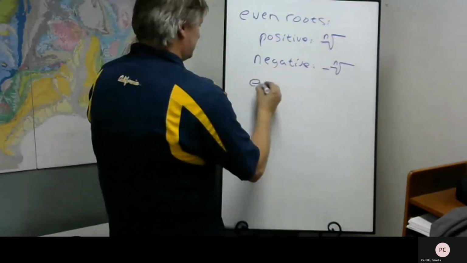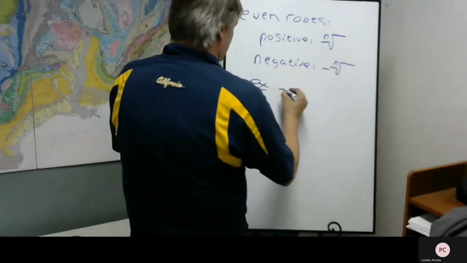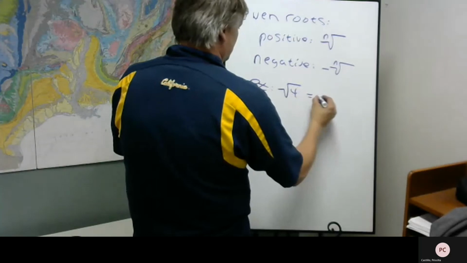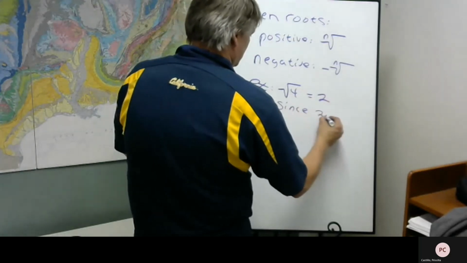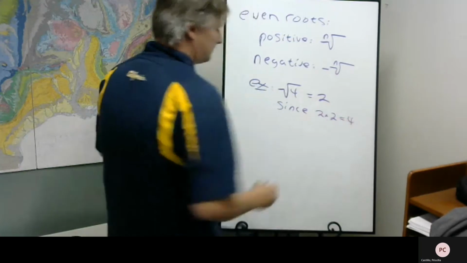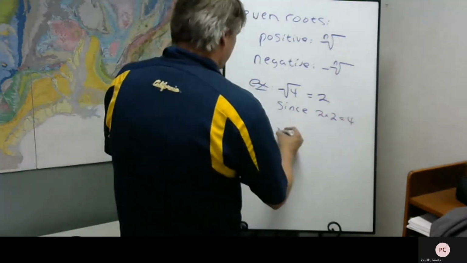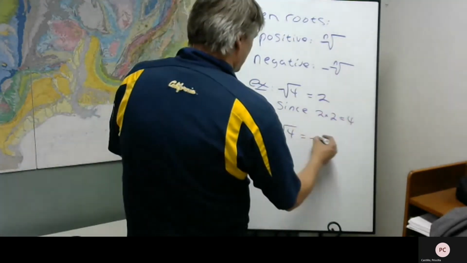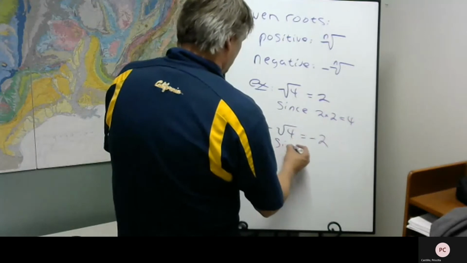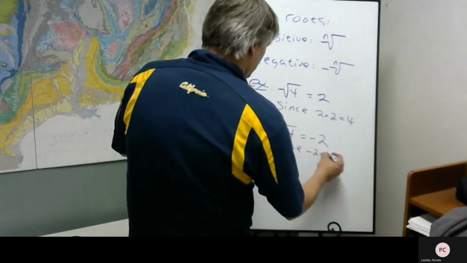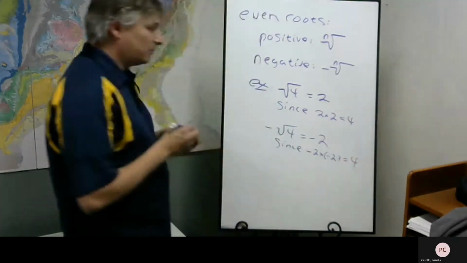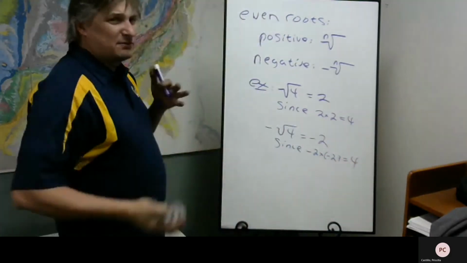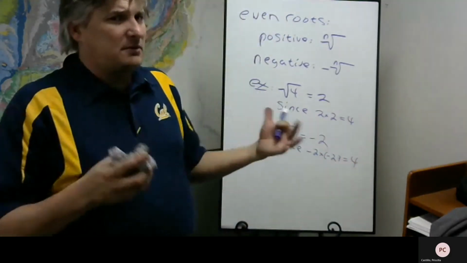So real quick, positive root of 4 is 2, since 2 times 2 is 4. And then the negative root of 4 is negative 2, since negative 2 times negative 2 is also equal to 4. So with even roots, you could get one of 2, a positive or a negative.